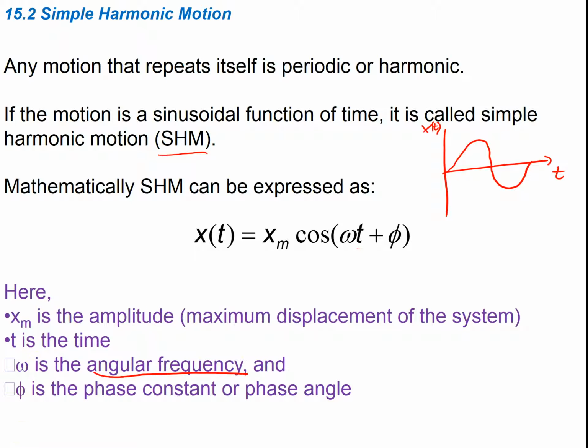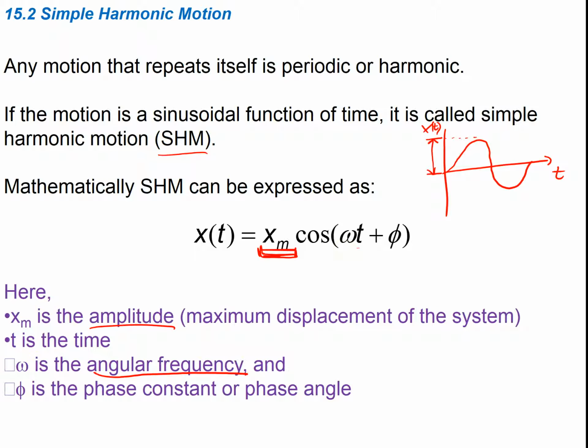So what we have here is a sine curve, and this distance all the way up to the peak, basically the max displacement, right there, is going to be our xm. So our amplitude is given by xm. Again, xm is going to be the amplitude, or the maximum displacement of the system.